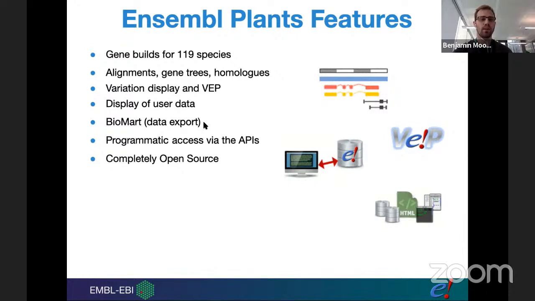You can use the BioMart data export tool through the Ensembl Plants website, and you can also access the data programmatically through the REST API. The best thing about this is that the Ensembl data is completely open source. Everything that you see in Ensembl is completely free for you to take and use and then analyze and publish within your work as well.